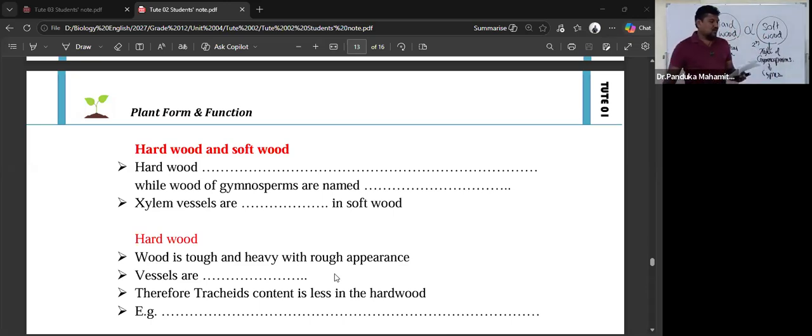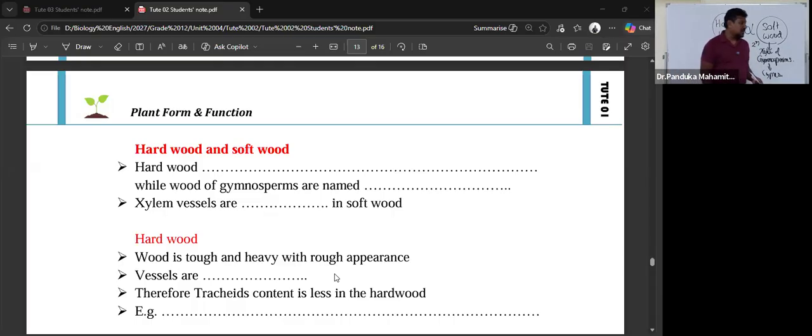Xylem vessels are absent in the softwood, right? In the softwood, you don't have the xylem vessels that we learned in the first tube.